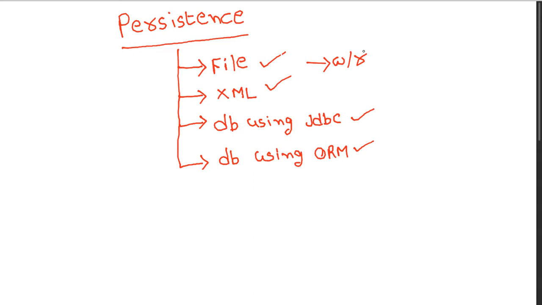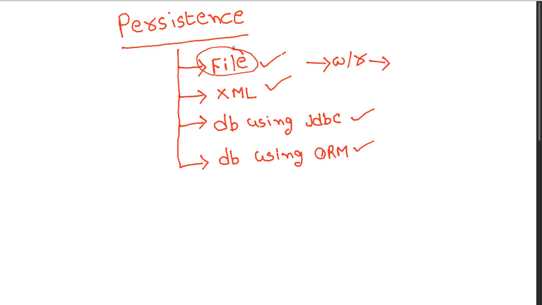Suppose I want to update some student information saved in a text file. It is very difficult to find the corresponding student data and update it using Java code. That is the first disadvantage of files.